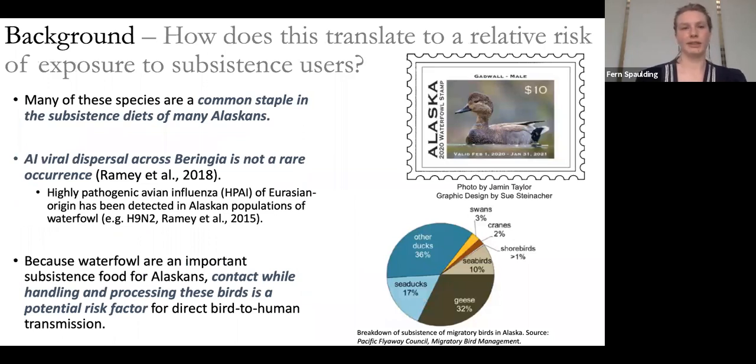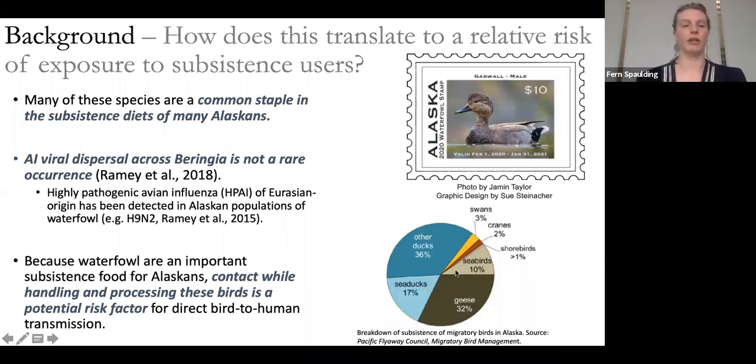So how does this translate to relative risk of exposure to subsistence users? Many of these species that are vectors of avian influenza are also common in the subsistence diet of many Alaskans. Avian influenza viral dispersal across Beringia is also not a rare occurrence, and highly pathogenic avian influenza of Eurasian origin has been detected in Alaska populations of waterfowl.